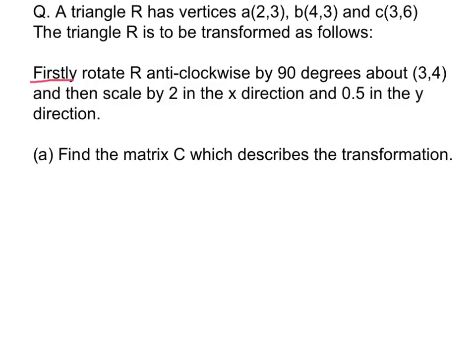So the firstly was to rotate it anticlockwise, but then we're asked to do another part to our transformation. It says, and then scale by 2 in the x direction and 0.5 in the y direction. So the question asks us to find the matrix C which describes the transformation. So the transformation is consisting of two parts, a rotation about a point and the scaling of the shape.